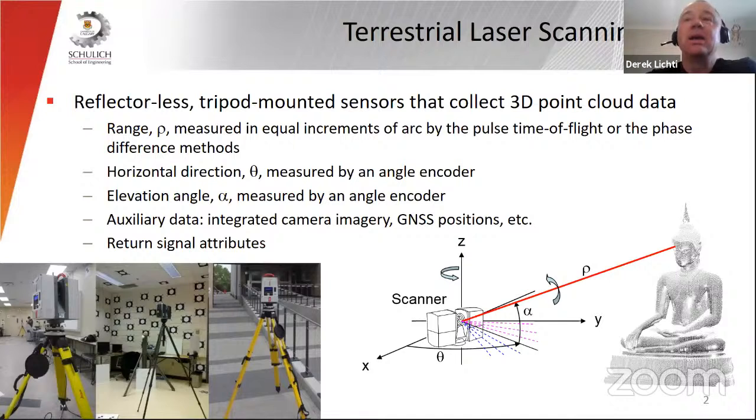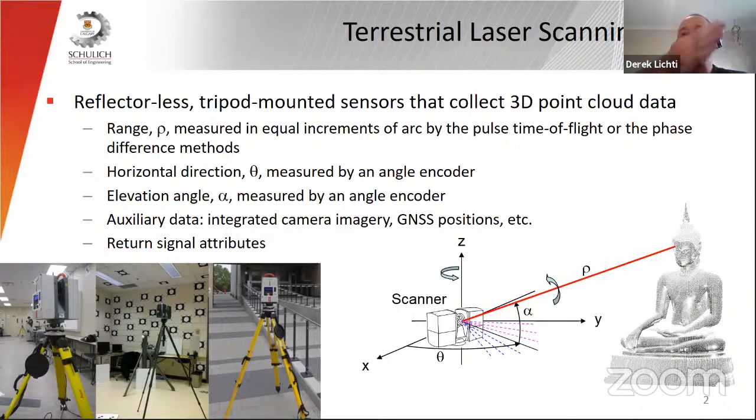In laser range finding, a pulse of light is emitted and backscattered by the object, and either the two-way flight time or the phase shift is measured to determine the distance to the object. It collects a series of these measurements through a couple of beam deflection mechanisms. First, there is a vertical profiling mechanism where the instrument collects range measurements from down below, and then the rangefinder is deflected in nominal increments of arc up through the zenith and then behind the instrument again.